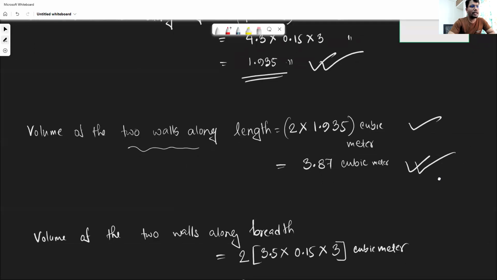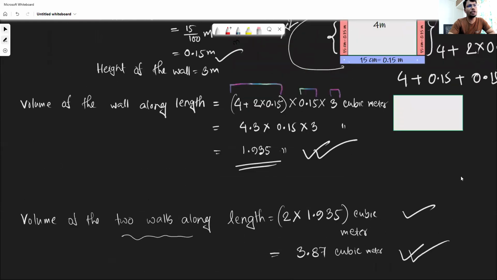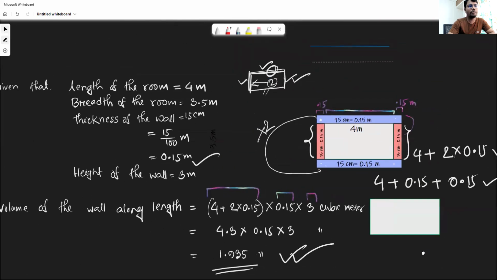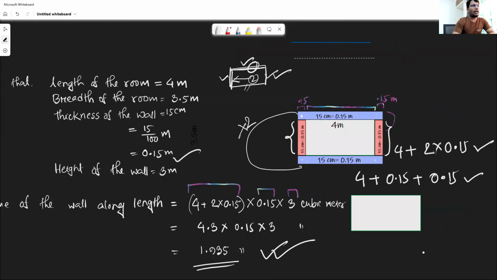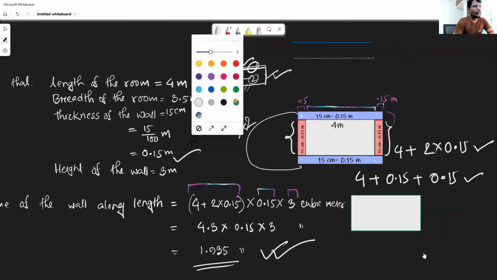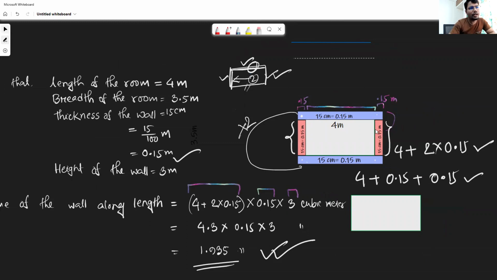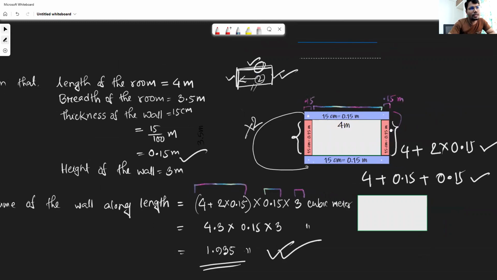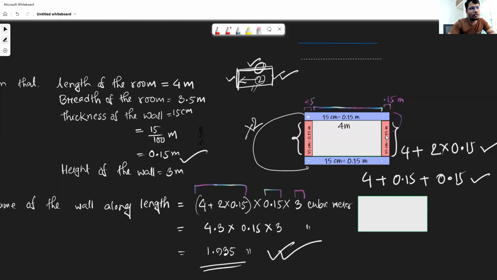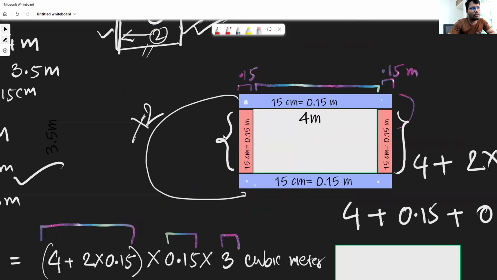Now give attention to how to find the volume of the wall along the breadth. Let me see. If we think here, this is the first part, and this is the breadth of the building.